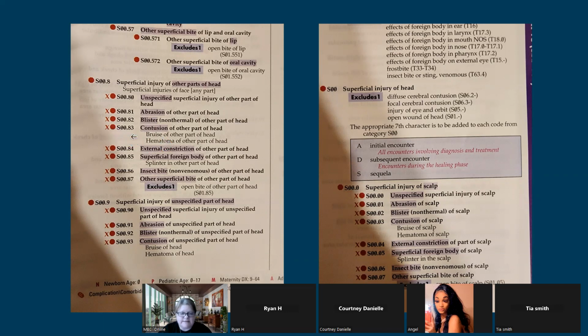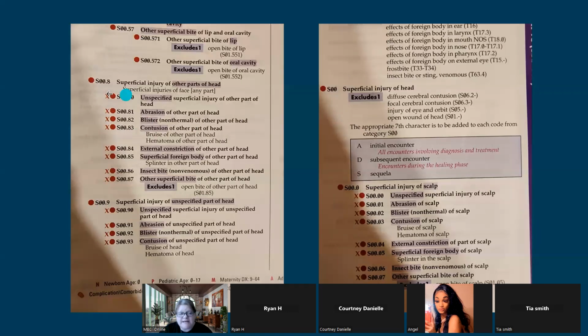Most of the ones that need to be brought out to the 7th character have this, sometimes at the beginning of the section. Like you remember they said fist fight, initial encounter. Initial encounter, that's a keyword. Any type of encounter is a keyword.